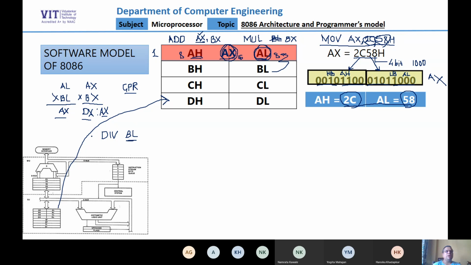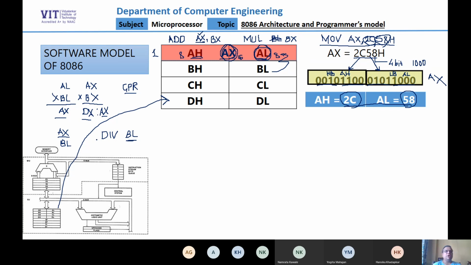So this div BL instruction will perform division like this. It will divide the contents of the AX register, 16-bit contents of AX, by the 8-bit contents of the BL register. So now you can see AX will by default act as the numerator for this division, and the register that we are specifying over here will act as the denominator.